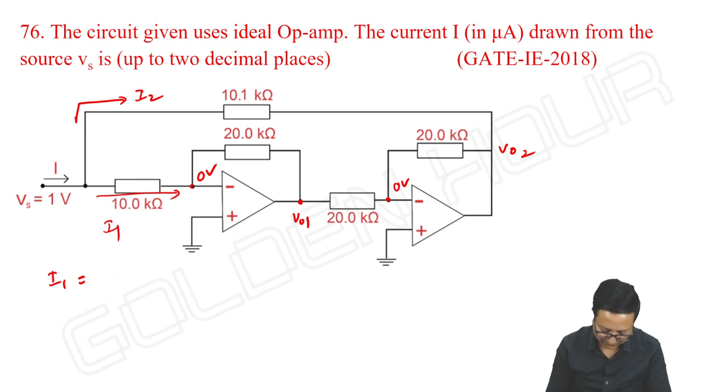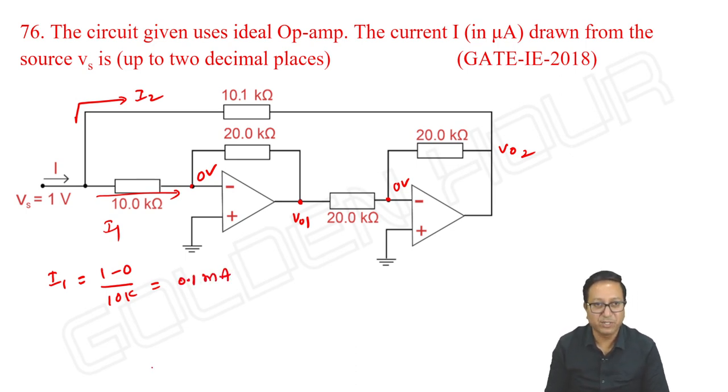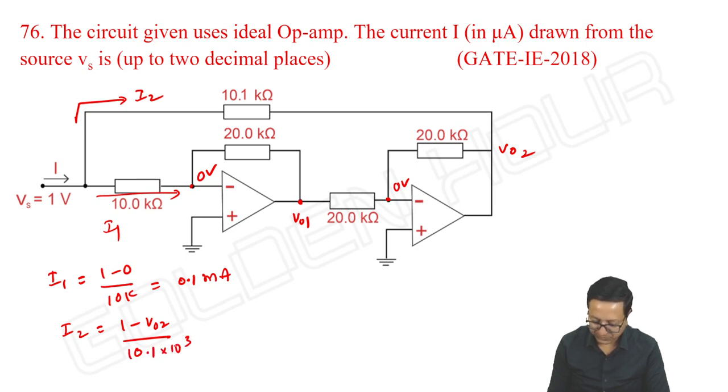Directly I am writing 1 minus 0 by 10k, it is 0.1 milliampere. Okay, I1 we have got. And I2 is equal to 1 volt minus V2 by 10.1 kilo ohm. Okay, means I need to find V2.